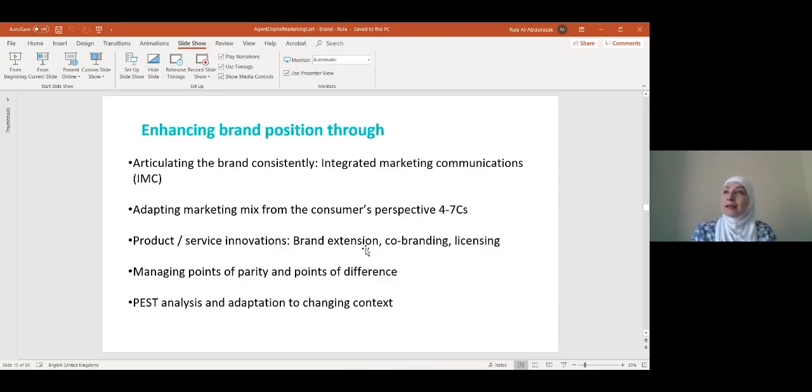So to enhance your brand position, of course, you're positioning your brand whether based on functional elements or emotional attachments or both. And usually it's both.